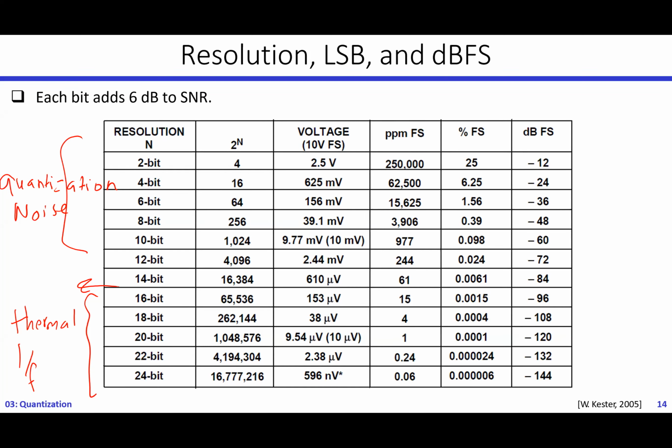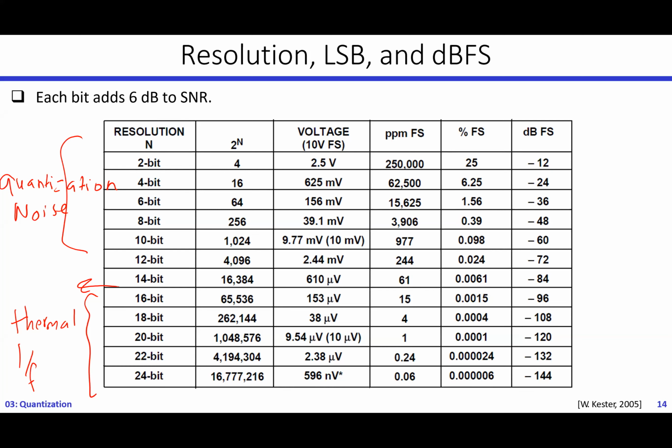But once you go to higher resolutions, you have very small delta that covers a very large number of levels. So your quantization noise significantly drops. Therefore, the thermal noise, which was already there all the time, becomes more dominant because I have significantly reduced my quantization noise. Now look at this table here.